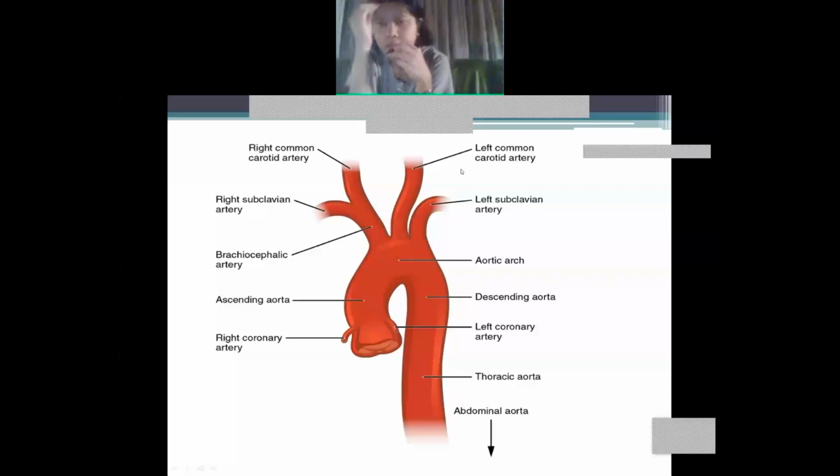It's divided into descending aorta and descending aorta. Okay.